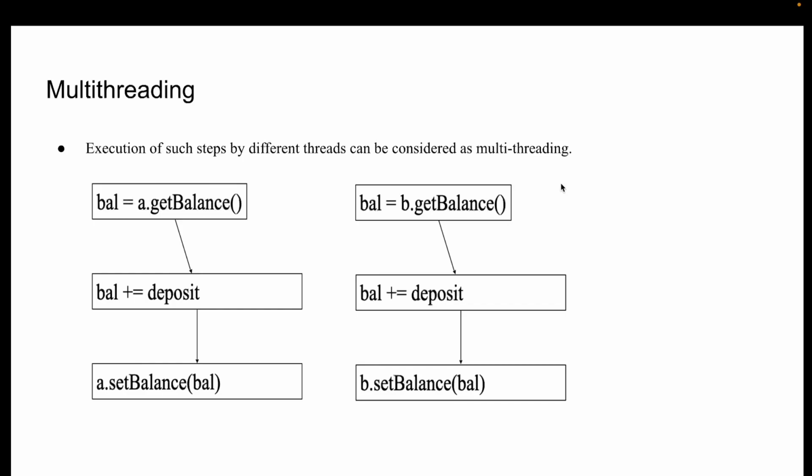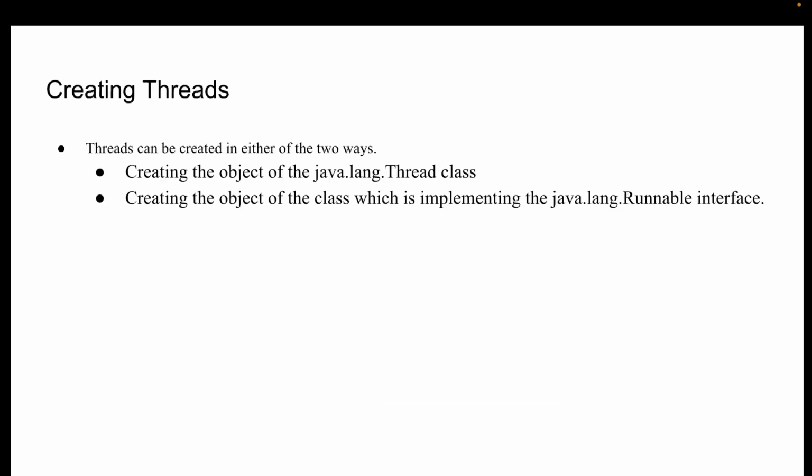And once thread A is done and that particular thing is updated, thread B can now start fetching the balance or depositing a certain amount in the bank account. So these are some of the steps involved in multi-threading. Let's go over another slide.